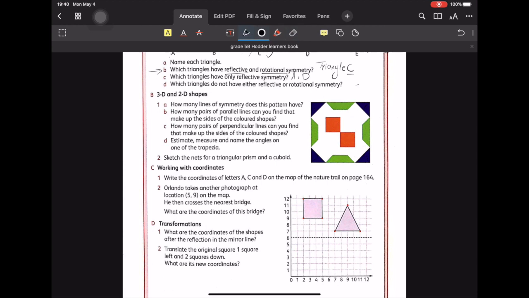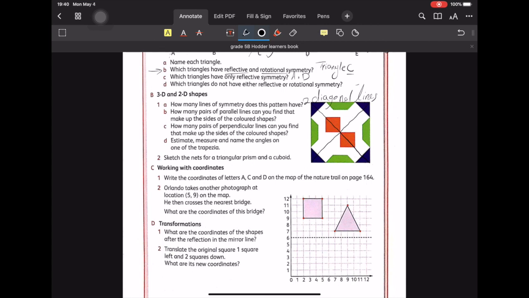So in total, we have 2 diagonal lines, which are these and this one.